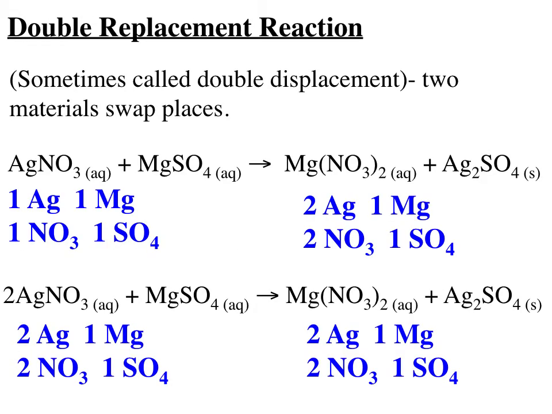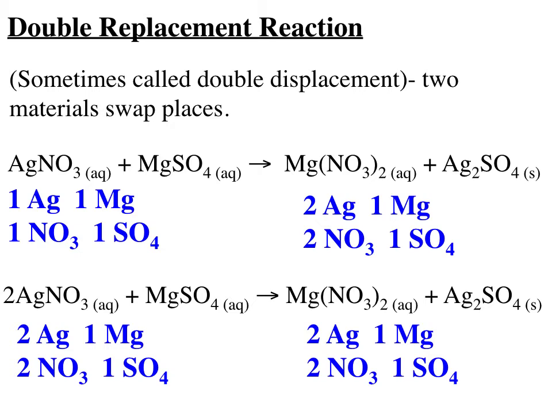Turn to what I will call a double replacement reaction. In a double replacement reaction, we have two things trading places with one another. And here I offer the reaction of dissolved silver nitrate and dissolved magnesium sulfate.